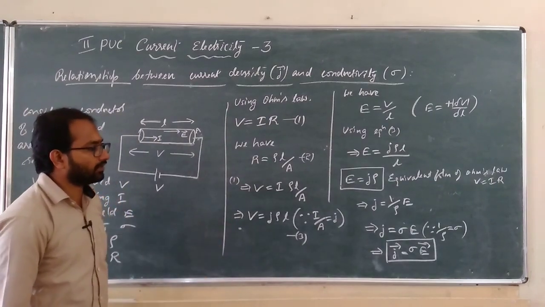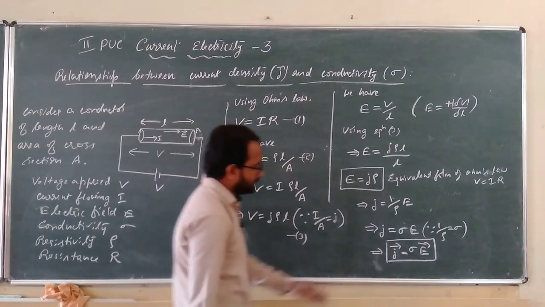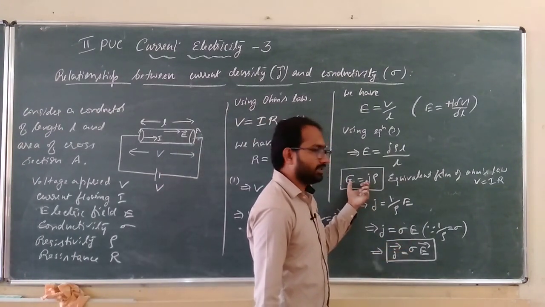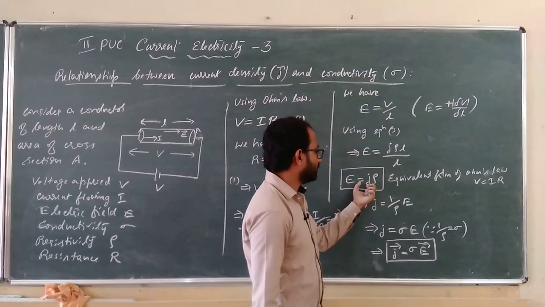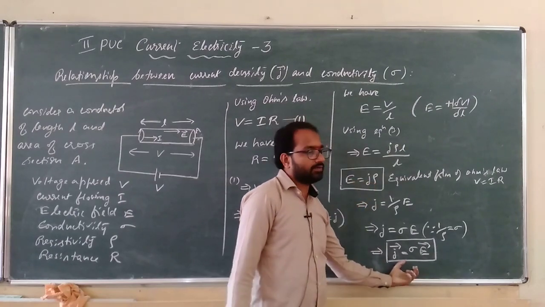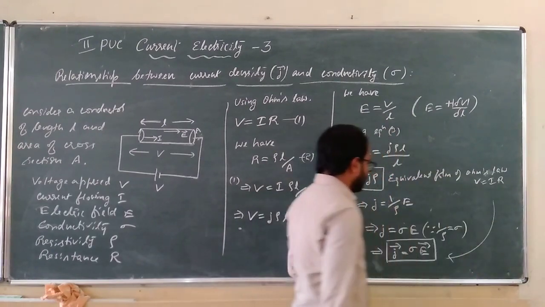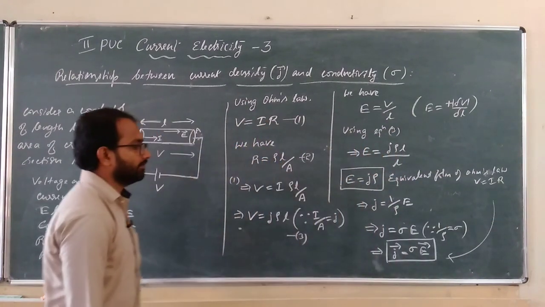This is an equivalent form of Ohm's law. J is equal to sigma E.